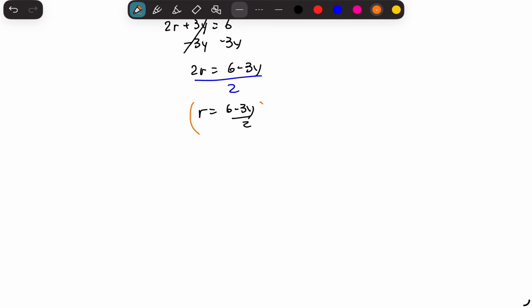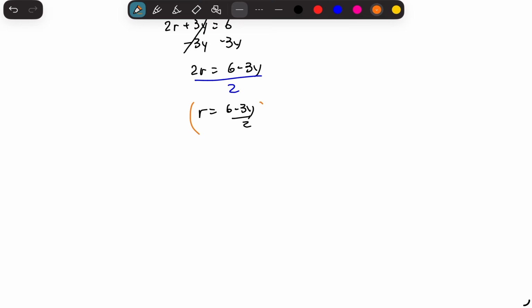On the other side, you're going to have 6 minus 3y squared over 4. Now, we're going to expand both sides after we multiply by 4, because we want to get rid of that 4. This is going to cancel, and you're going to have 4x squared plus 4y squared is equal to 6 minus 3y squared.